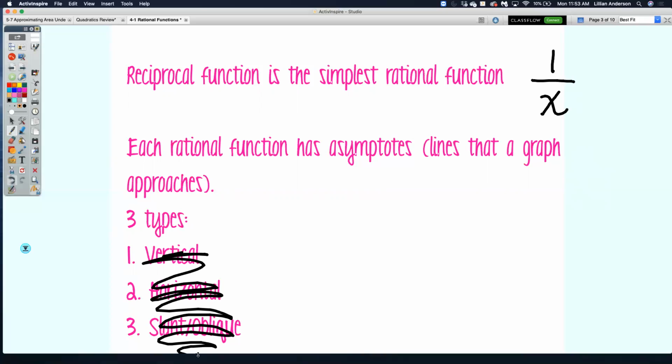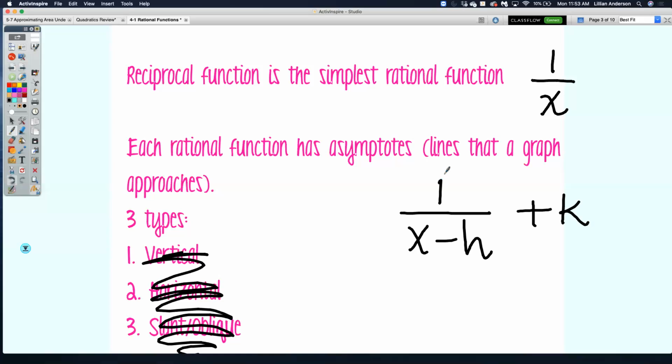This is where all the transformations happen, such as if you move left or right. That is how you move left or right with a rational function, okay? Your simplest rational function, which is the reciprocal function, moving left or right. Or if I move up or down.